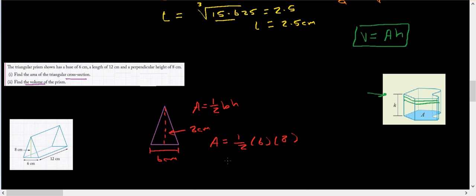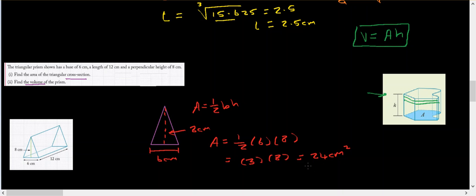So if we multiply that out, that's going to be equal to 3 by 8, and 3 multiplied by 8 is equal to 24. 24 centimeters squared. Remember, we're just looking at the area of this.